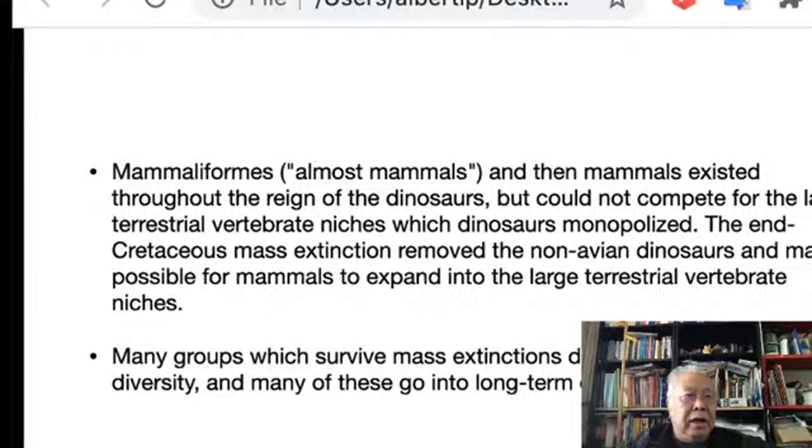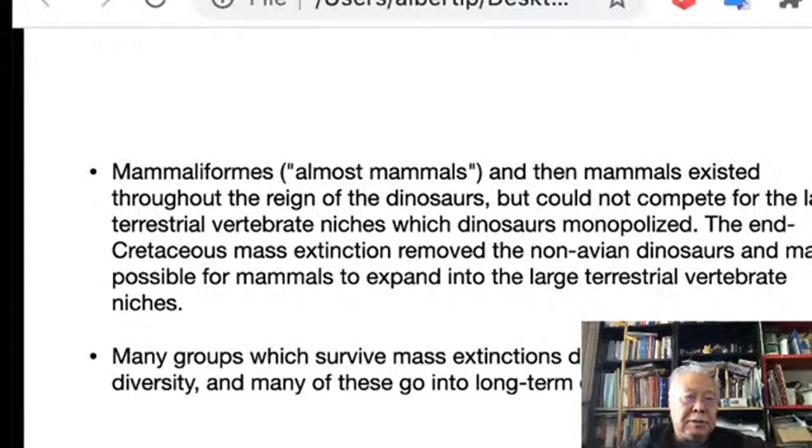Now, many of the mammals come out from the dinosaurs. While dinosaurs are ruling the world, mammals can only remain as small animals, sneaking out at night, stealing food and so forth, like rats today. But when these big dinosaurs were gone, then they got a chance.